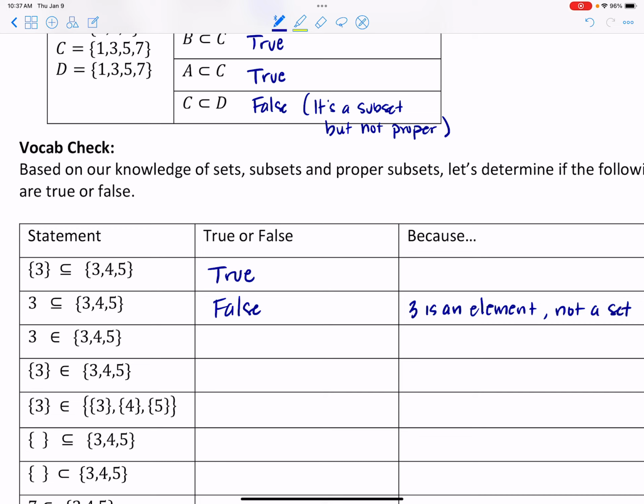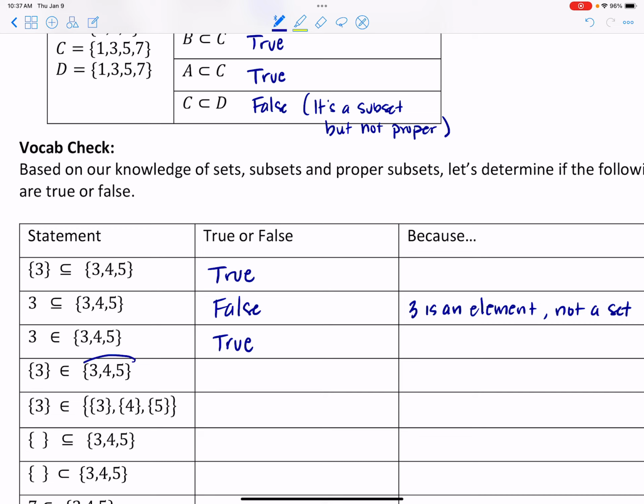So if I wanted to make the statement correct, I would change the symbol. I would say 3 is an element of the set that contains 3, 4, and 5. So now this is true. All right, now let's change the symbol again. If I said the set 3 is an element of the set 3, 4, 5, not true. I don't want that set to be an element of the set 3, 4, 5.